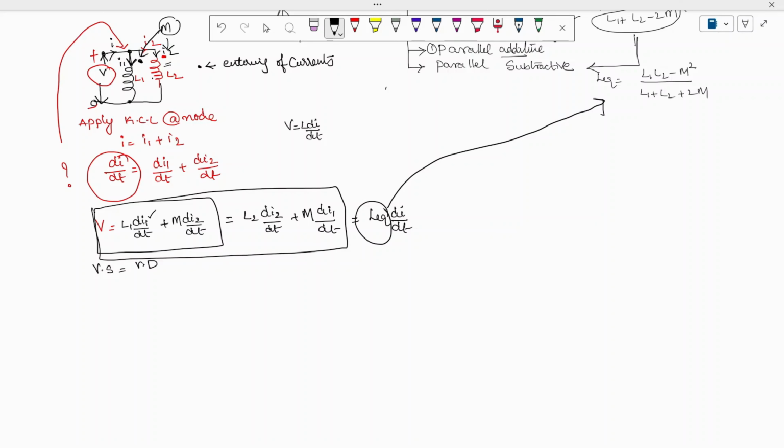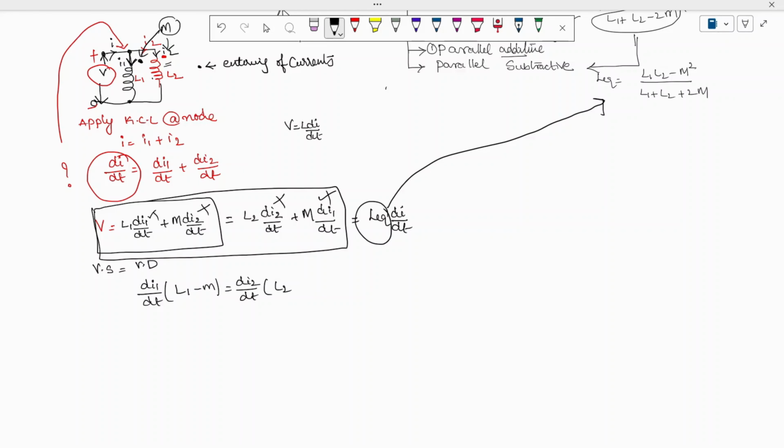From these two equations I am taking di1 as a common term, equalizing that. So di1 by dt is equal to L1 minus M, and from these two equations I am taking di2 by dt as a common term.